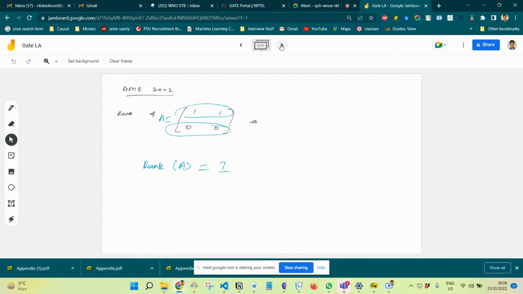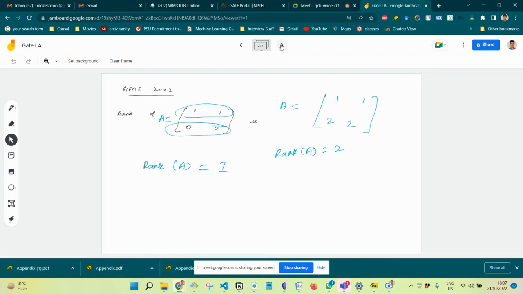All right. Mind you, if the matrix is not in RREF, you cannot count that way. In the sense, let's say we give A equals 1, 1, 2, 2. You cannot simply say the rank of A is 2. You can only read the rank by counting the number of non-zero rows when A is in RREF.